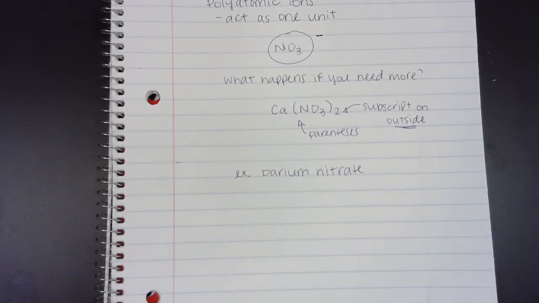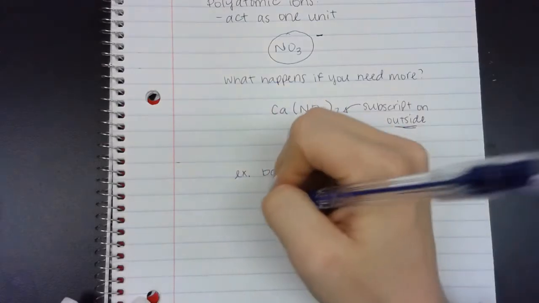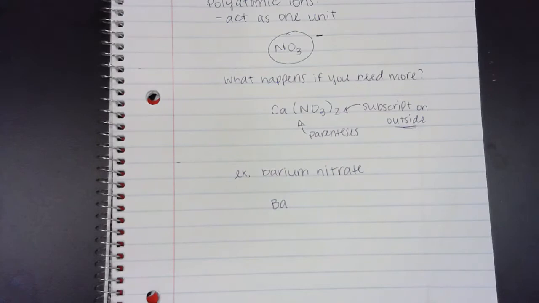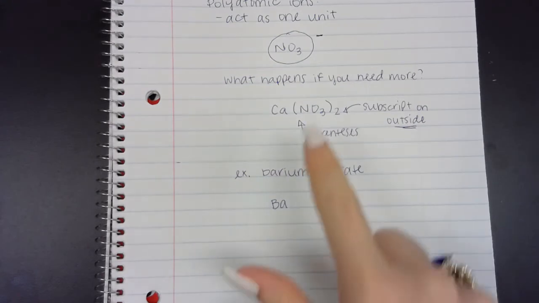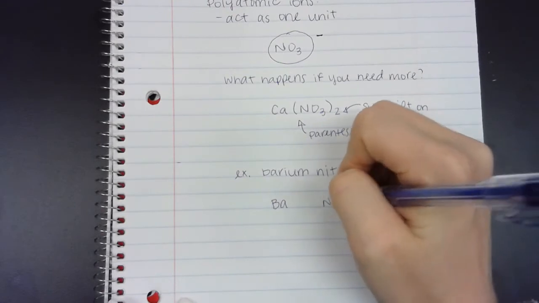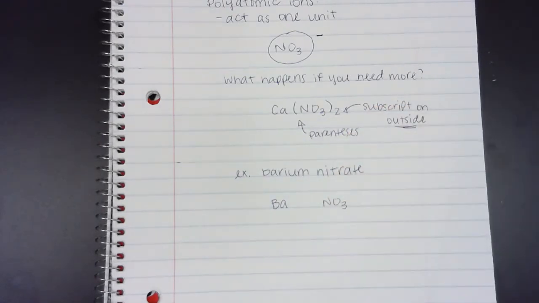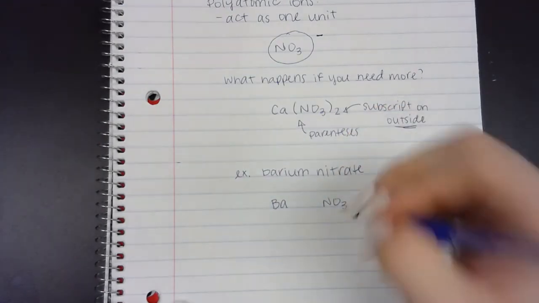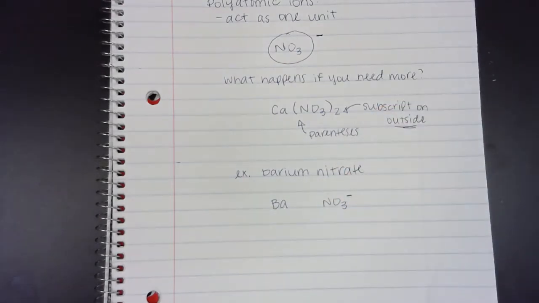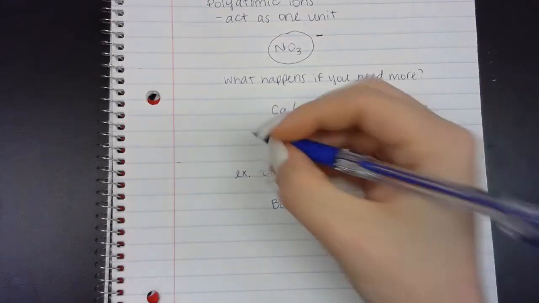So barium, does anyone know? Ba, good. And then what is the formula for nitrate? Nitrate is NO3. And what's the charge on nitrate? Just a -1. Good. What's the charge on barium? 2 positive. Good.